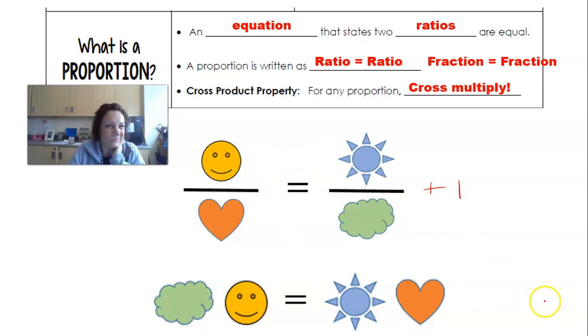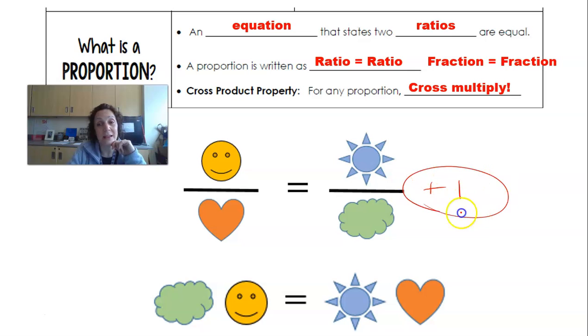It's not going to work. Now, there's stuff we can do, but trust me when I tell you, you don't want to do it. It involves finding a common denominator, and you'll talk about that in Algebra 2 a little bit. For right now, if we see a proportion, it better just be fraction equals fraction. If there's anything else going on, that's not a proportion. Don't you dare try to use cross multiplication.